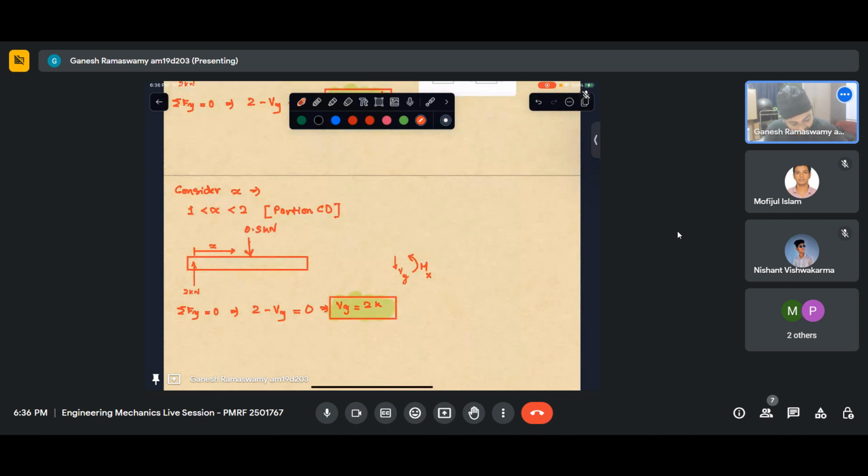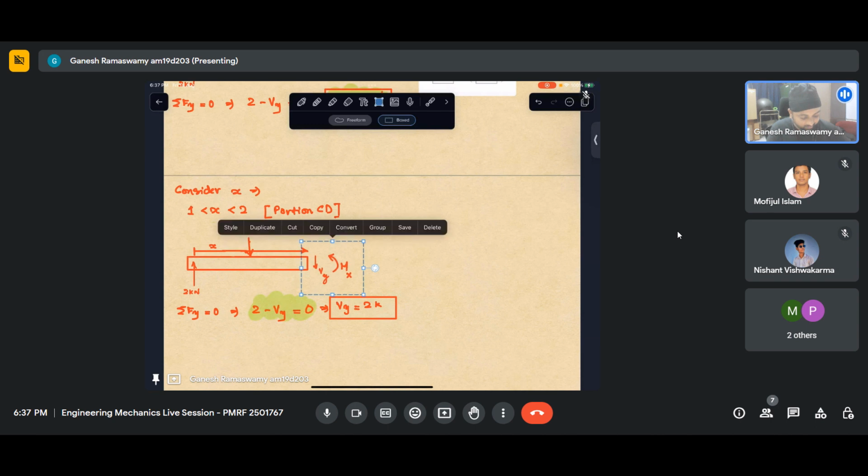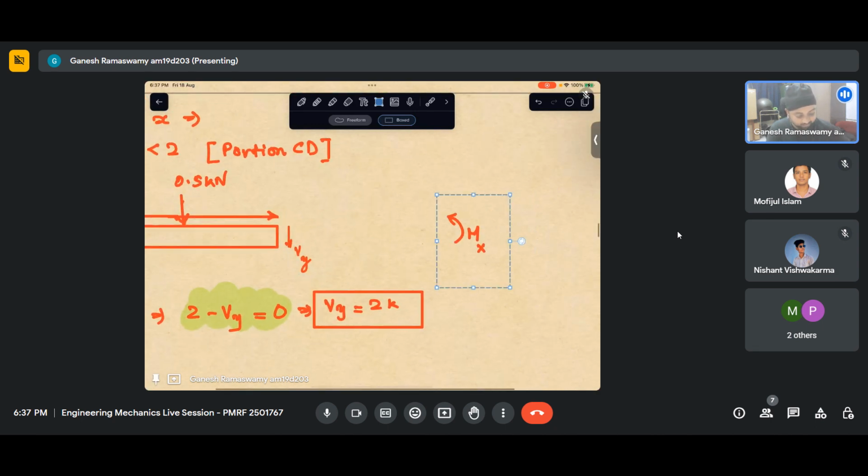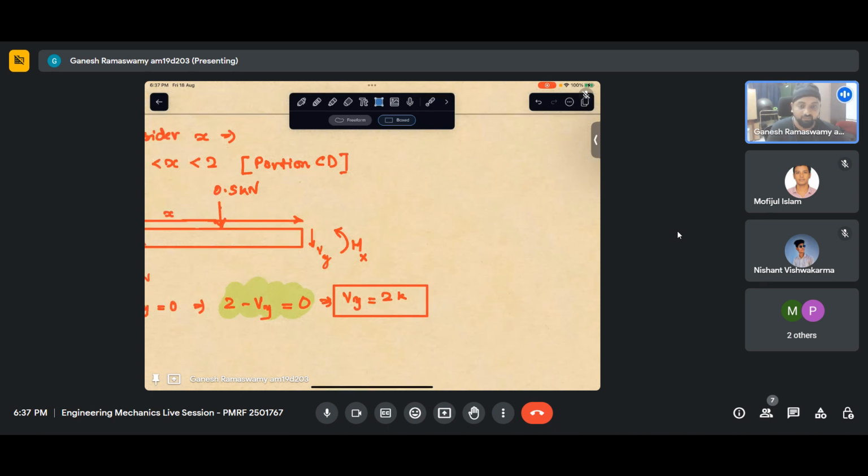And this x again is like that. Now once I understand that this is a positive surface, according to my sign convention, I'll put a downward force and call it positive shear force, and then I'll bring in an anti-clockwise moment and call it positive bending moment.